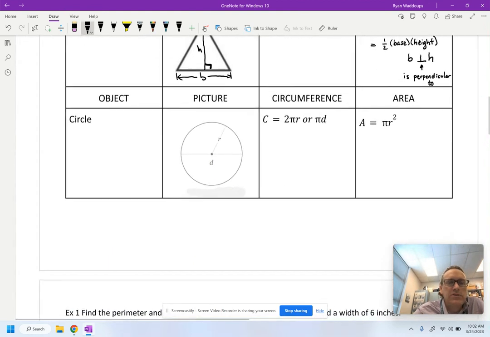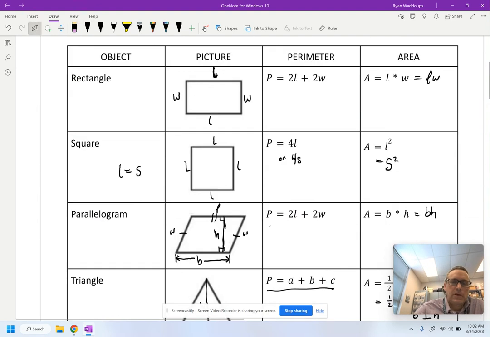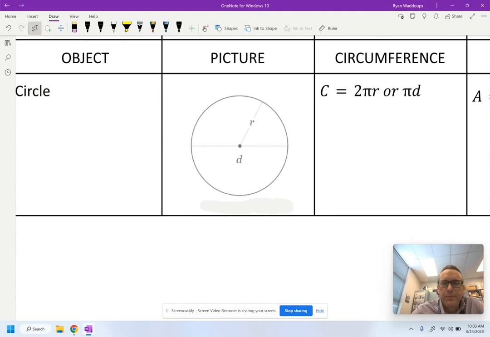All right, circle. So the circle has a radius and a diameter, and the diameter is equal to 2 times the radius, or if you prefer, the radius is equal to the diameter divided by 2, or 1/2 the diameter.